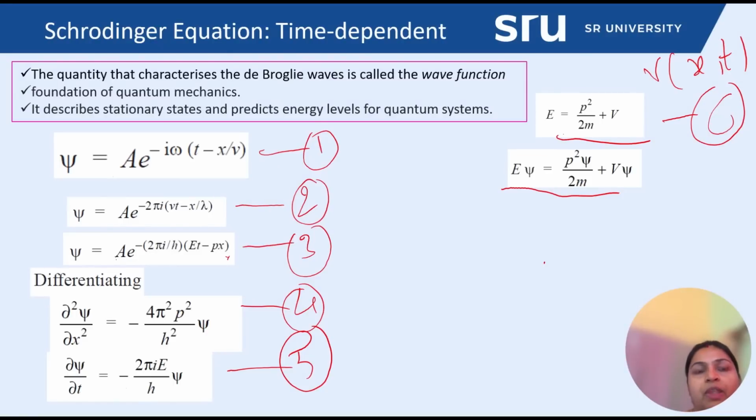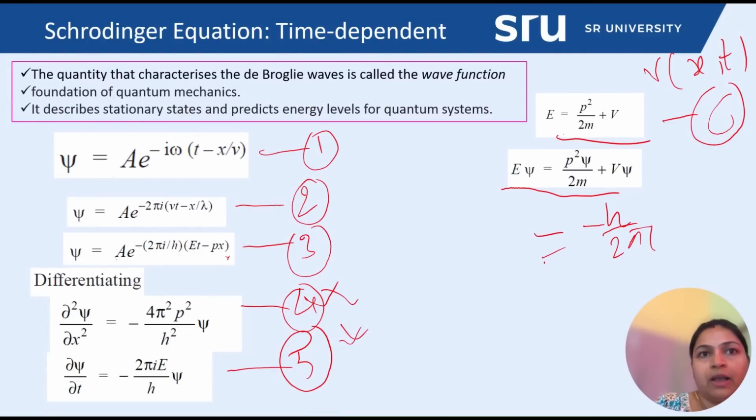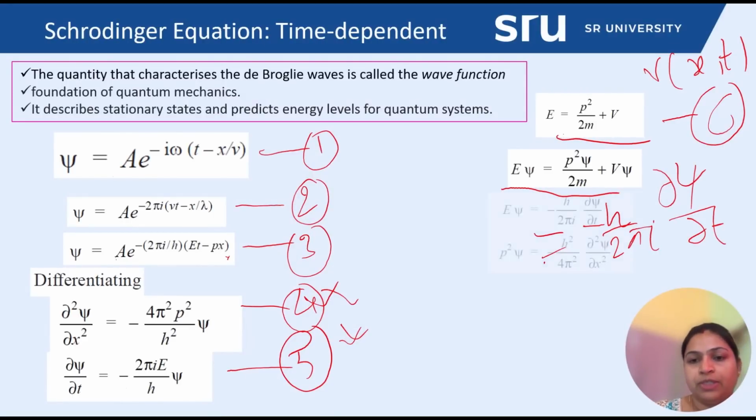Now if we look at equations 5 and 4, we can see that E psi is equal to minus h by 2 pi i del psi by del t, and p square psi is equal to minus h square by 4 pi square del square psi by del x square.